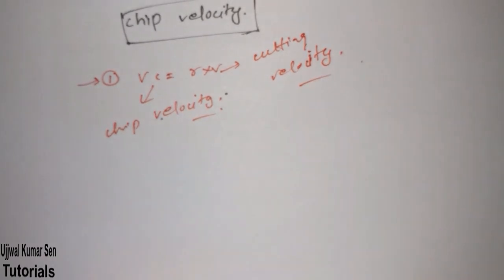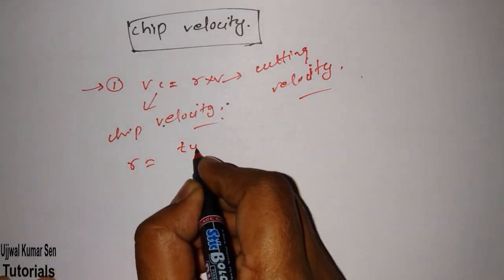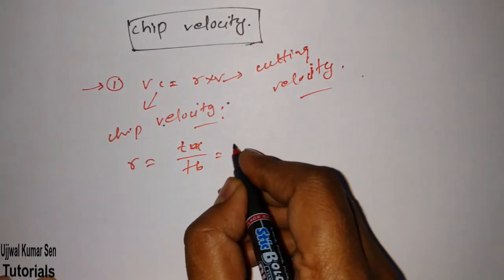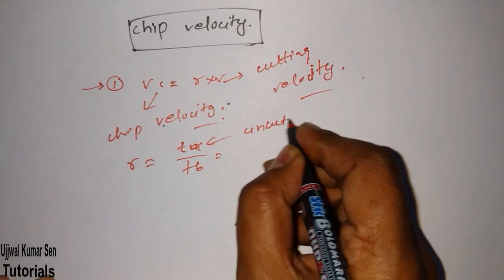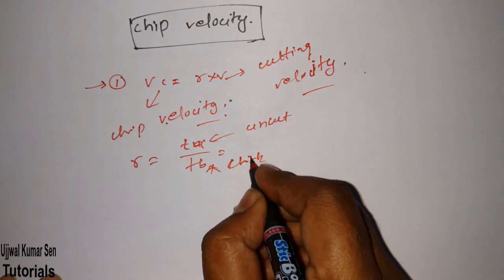So this is the relation, and now r is equal to t a by t c. What is t a? That is the uncut chip thickness, and this is the chip thickness.